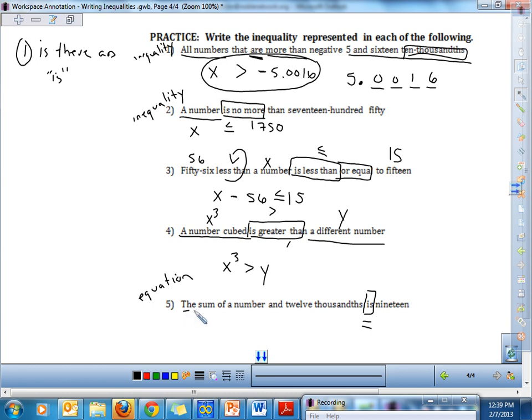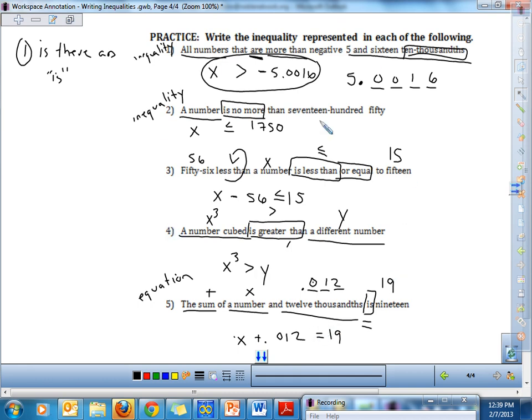So let's just annotate the rest. The sum of a number and 12,000. How do I write 12,000? It's going to be, this is the 10th, 100th, 1000th. So 0.012 is 19. So the sum of a number and 12,000 is 19.